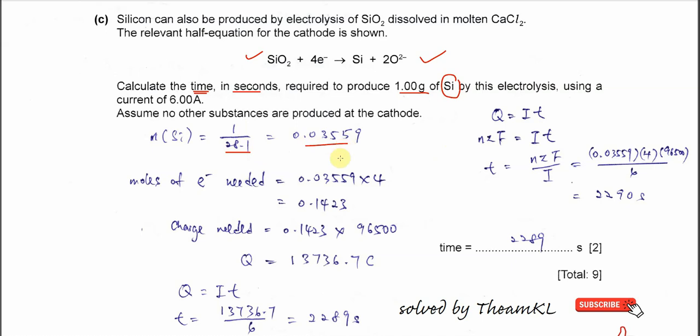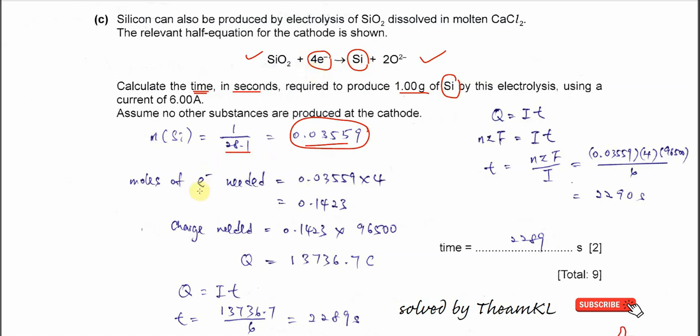If we want to produce 1 gram of silicon, which is this mole, then from this equation we know that the reaction needs 4 moles of electrons. It means in order to form 1 mole of silicon, it needs 4 moles of electrons.